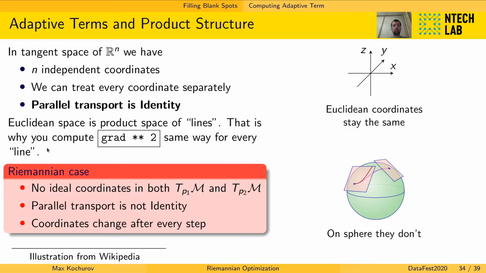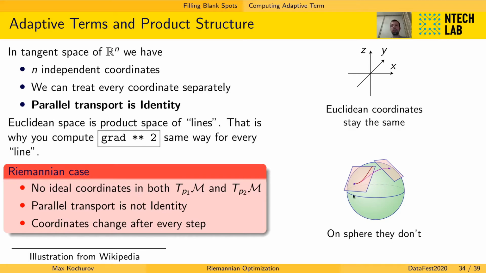However, in the Riemannian case, we don't have ideal coordinates that share the parameter space, the momentum space, and everything else between two tangent spaces. For example, in P1 and P2, we have completely different frames, and the tangent spaces do not coincide.